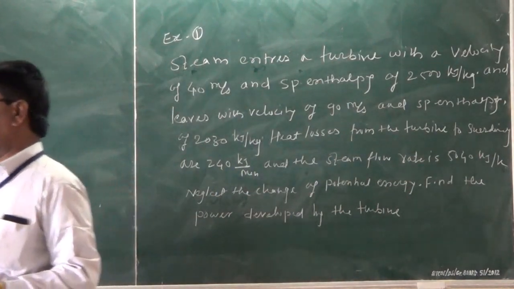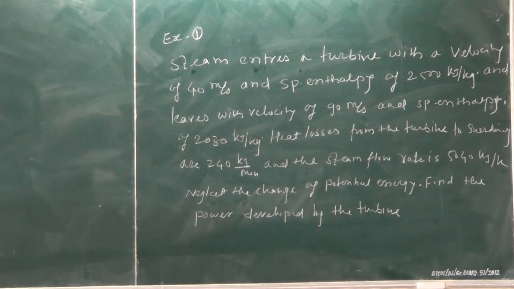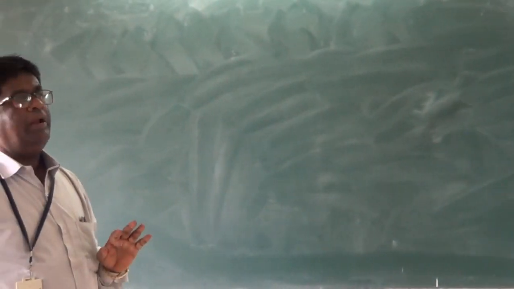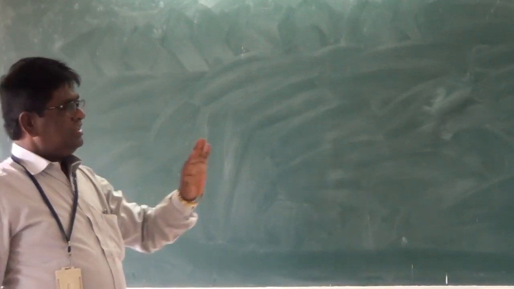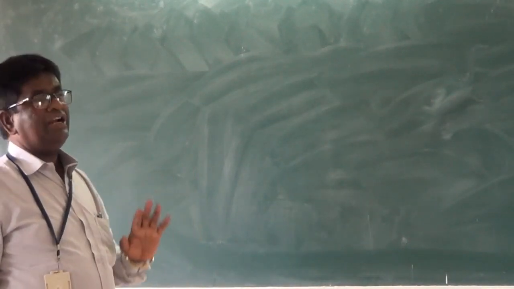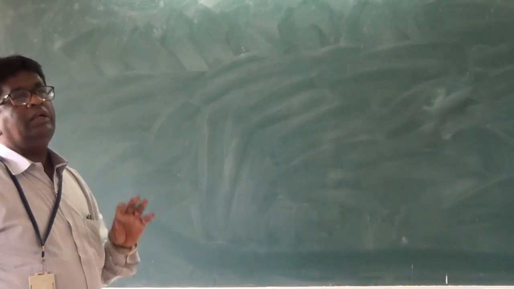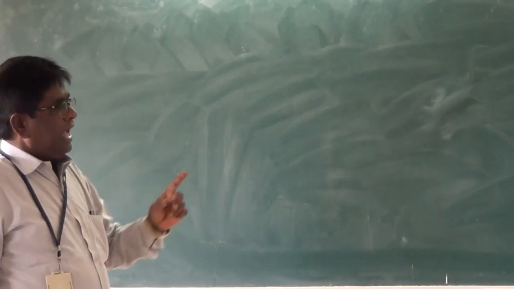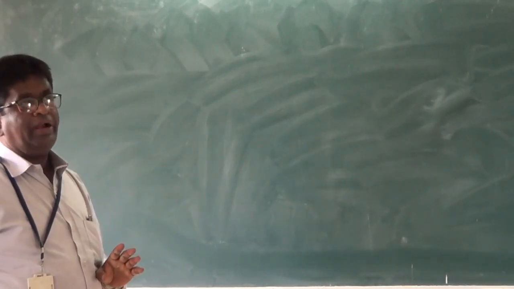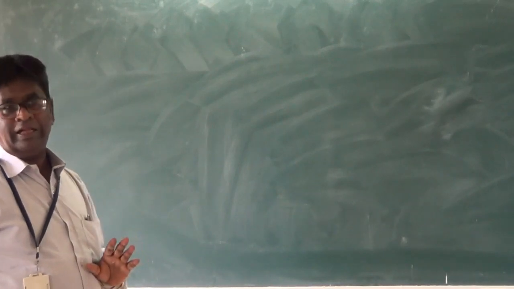Now during the last lecture, we have seen the steady flow energy equation applied for turbine, engine, and pump or compressor. So in this numerical, what conditions are given? A turbine is a thermodynamic system, and it is asked to find the power developed by the turbine.